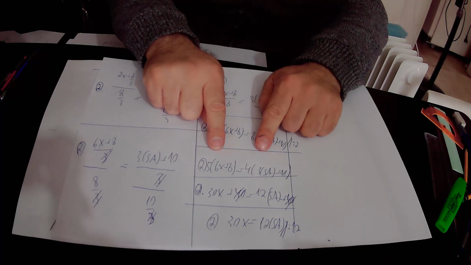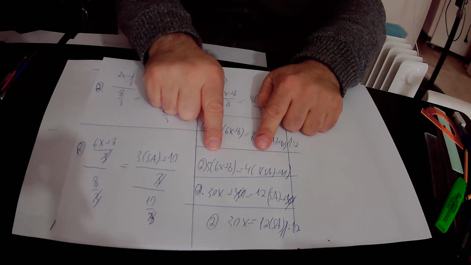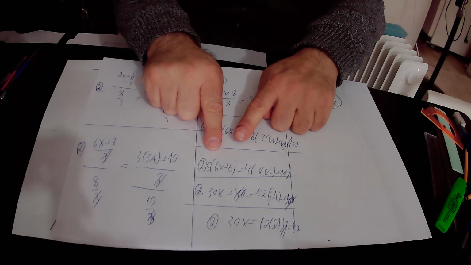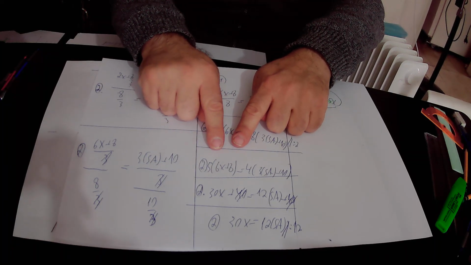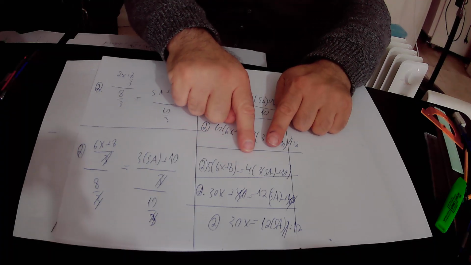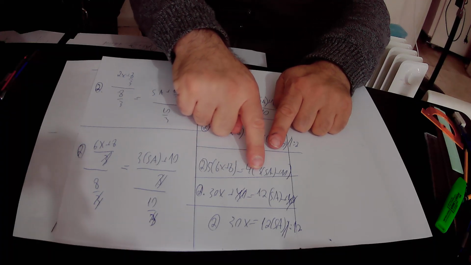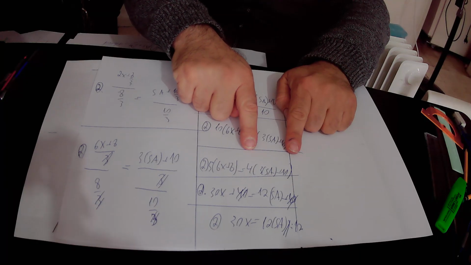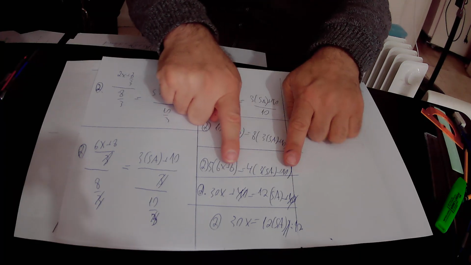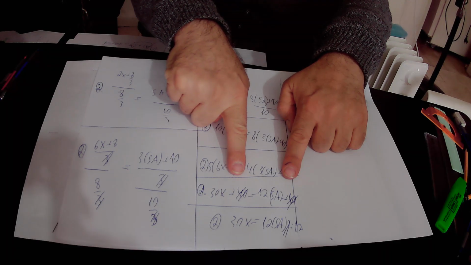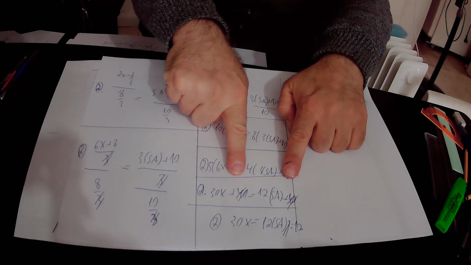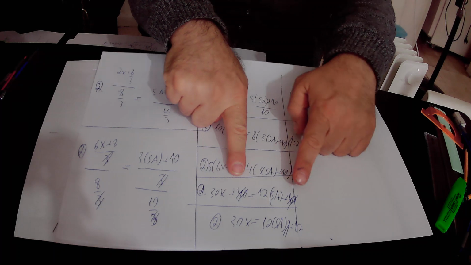We open the brackets on both sides of this equation and found that 5 times 6x is 30x, plus 5 times 8 is 40, that equals 4 times 3SA is 12SA, plus 4 times 10 is 40. So here we have 40 on both sides of the equation, so 40 will get cancelled, and we're left only with 30x, that equals 12SA.